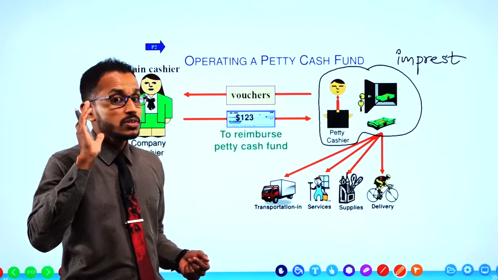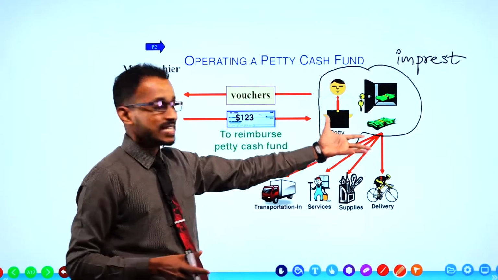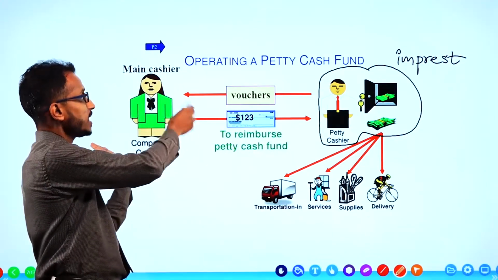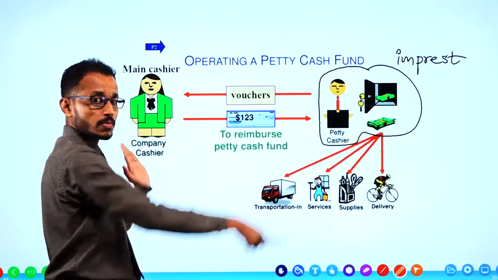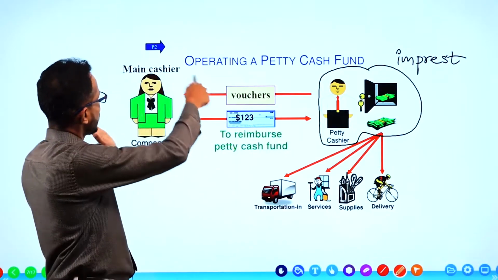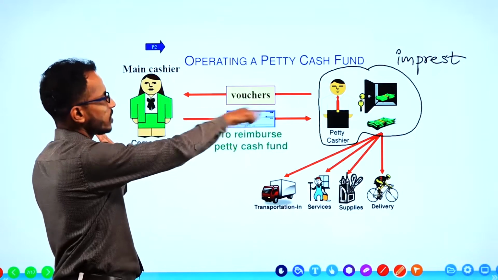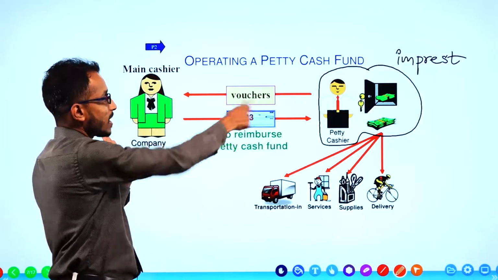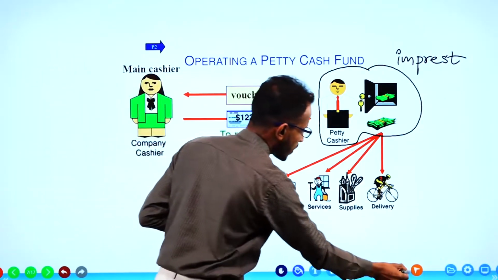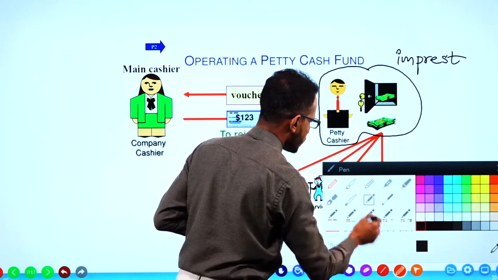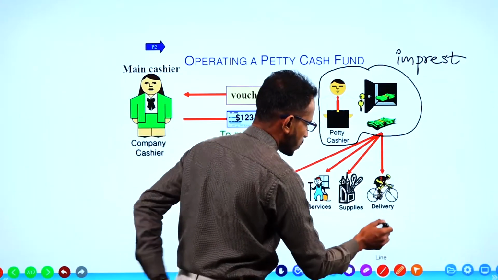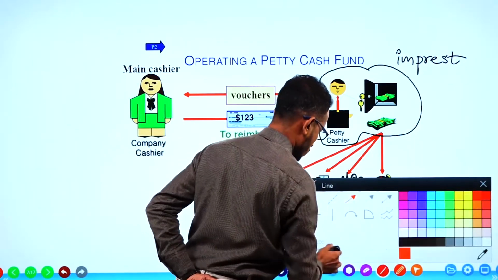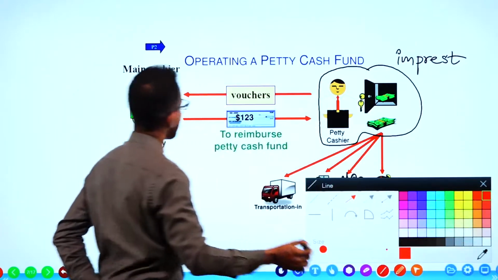But the thing that you should realize is, imprest is the amount of money which is handed over to the petty cashier by the main cashier. That is what we have shown from this arrow, children.